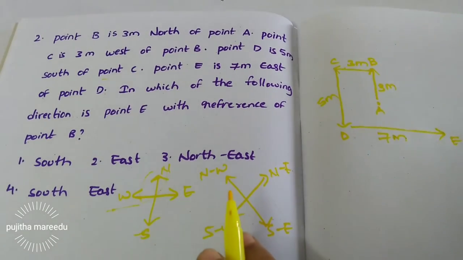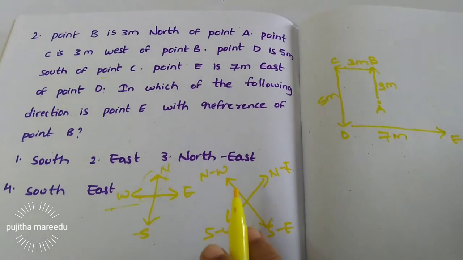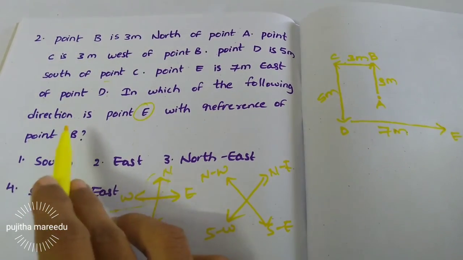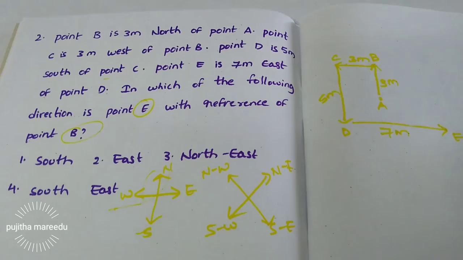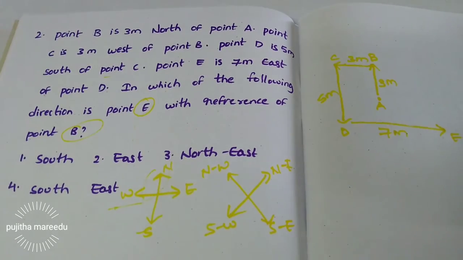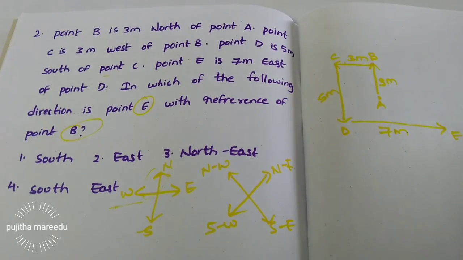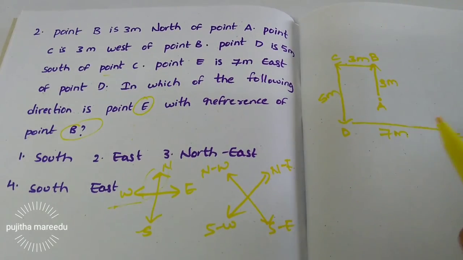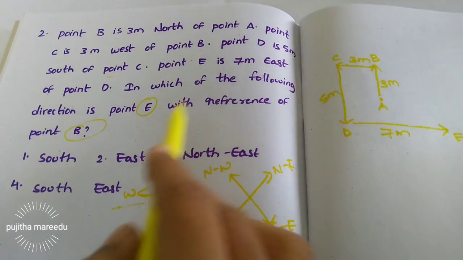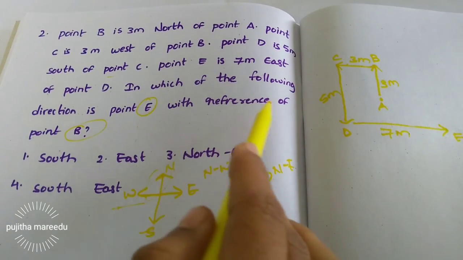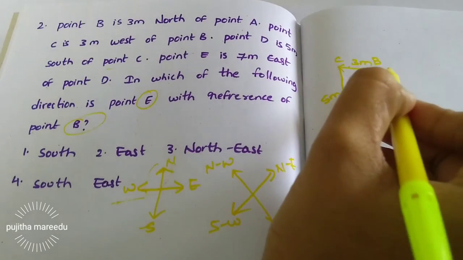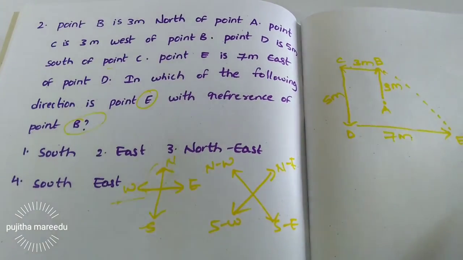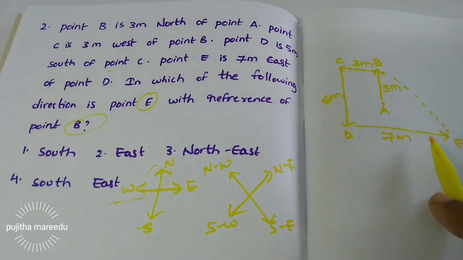In which of the following directions is point E with reference to point B? Clearly, we use the subdirections. Point E with the reference of point B means this direction.